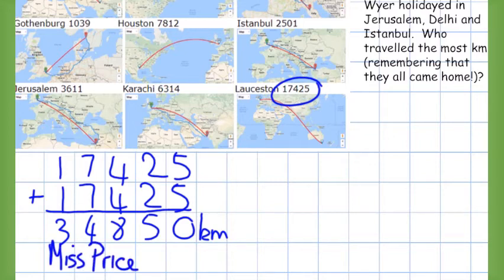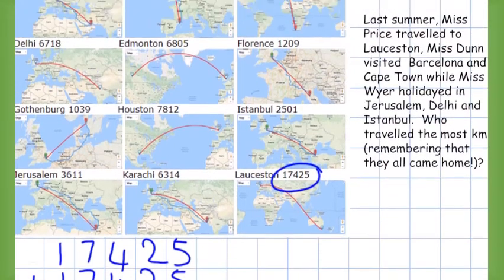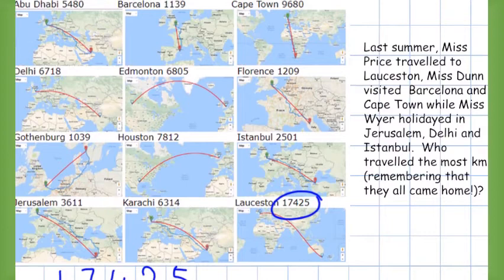I'm just going to write Miss Price down there. Okay. I'm going to change my pen, I think, actually, to see how far Miss Dunn managed to go. So I visited Barcelona and Cape Town. Barcelona was 1,139, Cape Town 9,680.